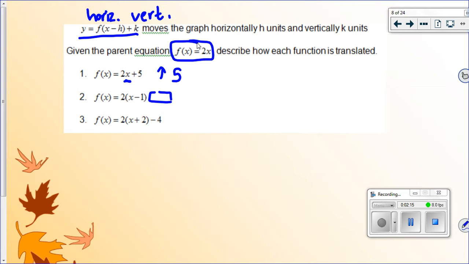There's no k value, so I'm just going to be using my h value. So it looks like my h value is, well, think about this for a second. Is it 1 or is it negative 1? It looks like this is minus 1, and we usually think of minus as being moved to the left. So should I say left 1? Well, let's think about this for a second.